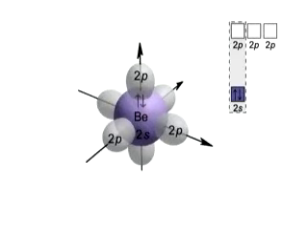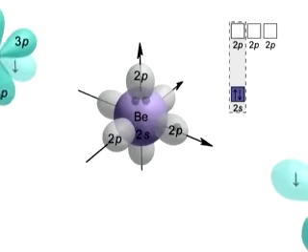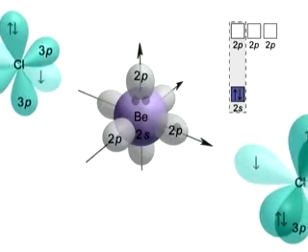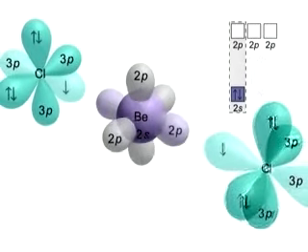Putting these ideas together, we can imagine the hybridization process for BeCl2 as something like this. The isolated beryllium atom, with its filled 2s and empty 2p's, is shown with the small box diagram above. The chlorines have 3p orbitals, but we'll fade out the ones that are not involved in bonding.